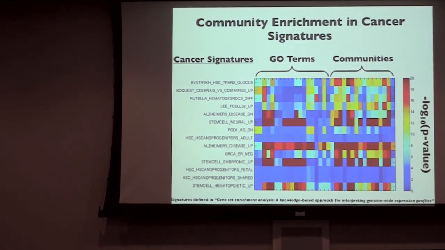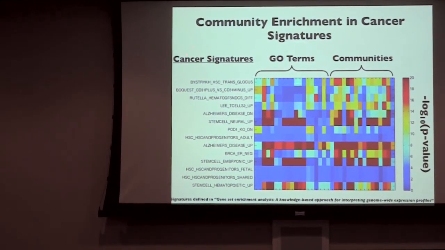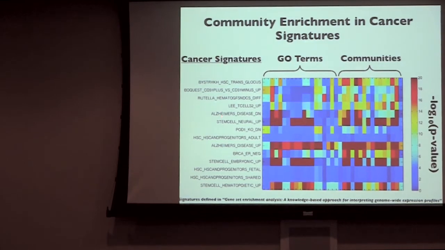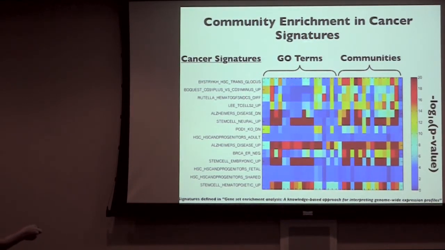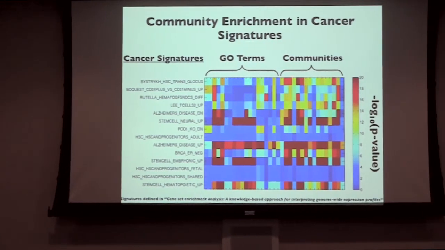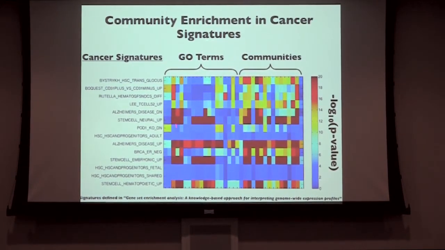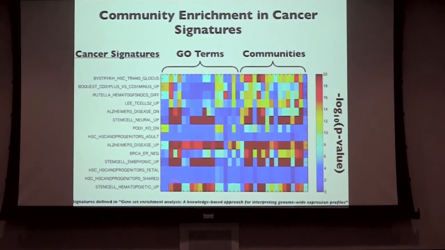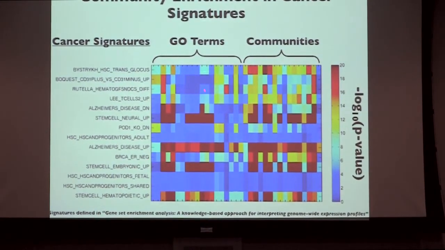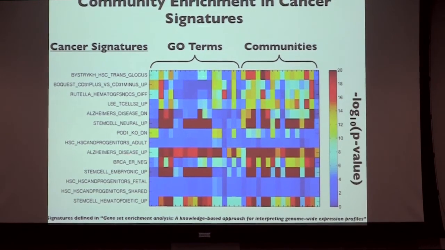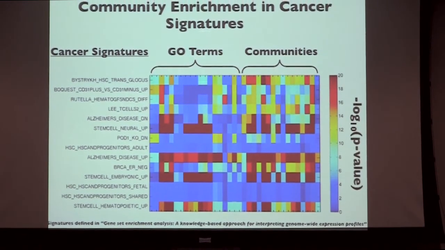And so, what do we do? If I take my different cancer signatures, here's a list of them, and here are the different communities created by the branches, and these are the communities that we've found. Now I'm asking, what's the enrichment of these different cancer signatures across different communities in different branches?